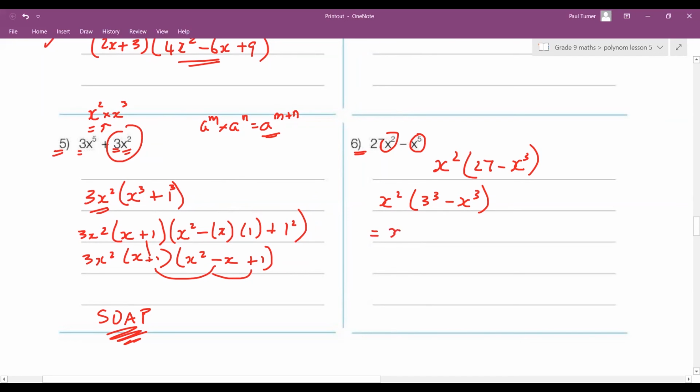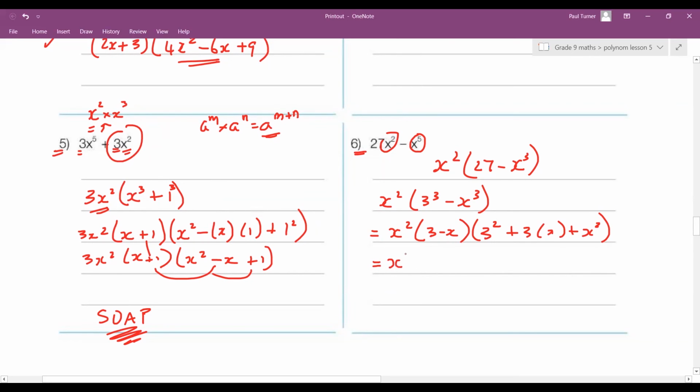So then we've got x squared. 3 cubed minus x cubed is 3 minus x. Then we change to positive, but then we have a squared, so 3 squared, plus 3 times x plus x squared.